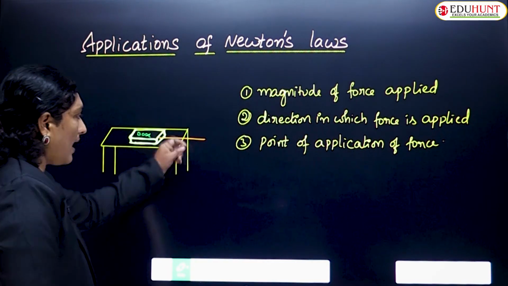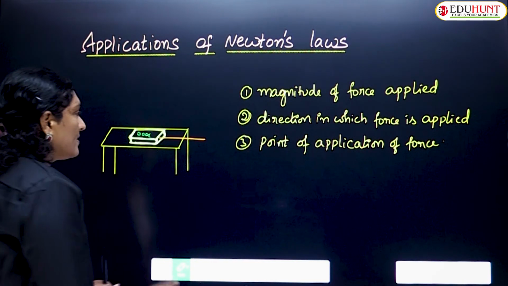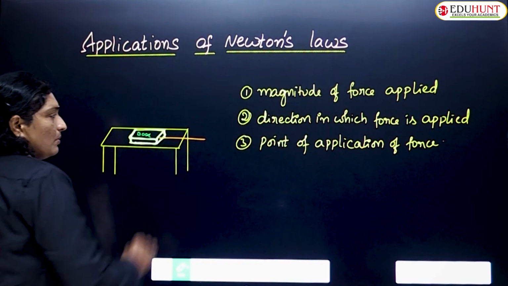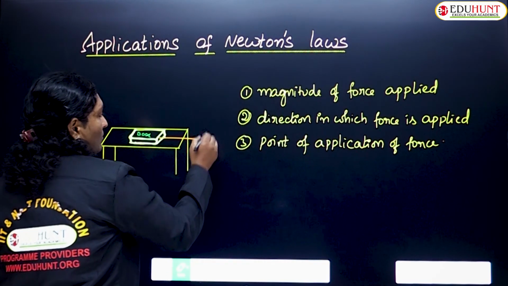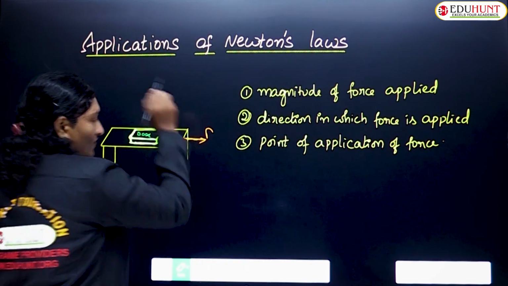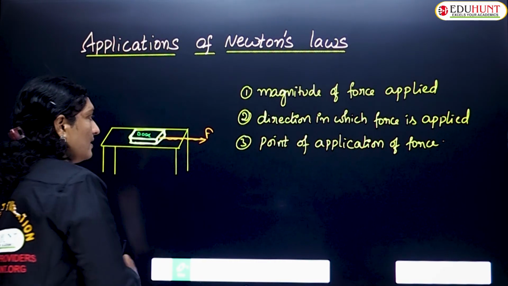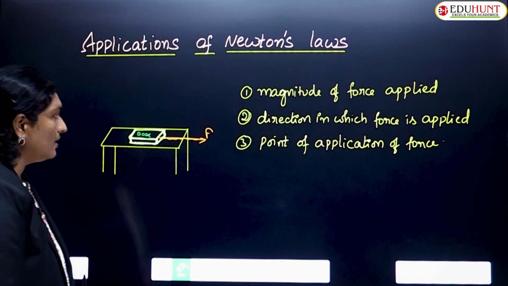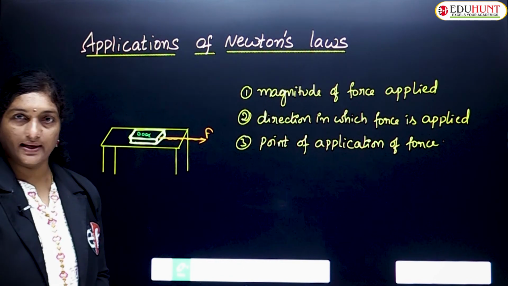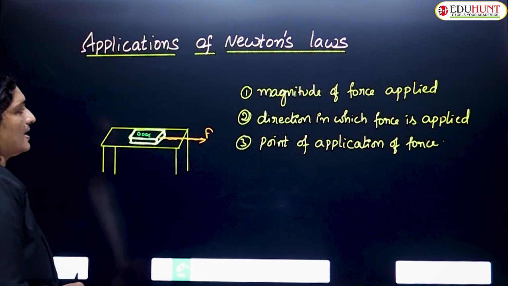Instead of applying the force directly on the book, we apply the force on this particular string. So when force is applied on the string, not directly on the book, what possibilities are there? Let us try to understand.